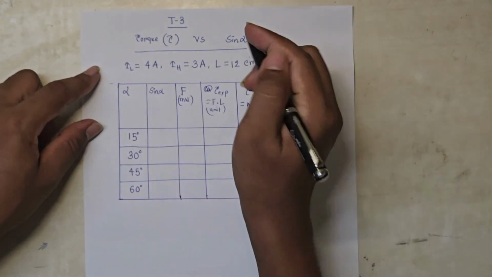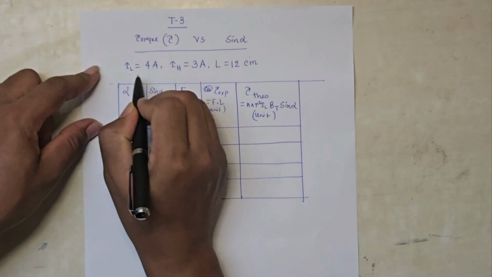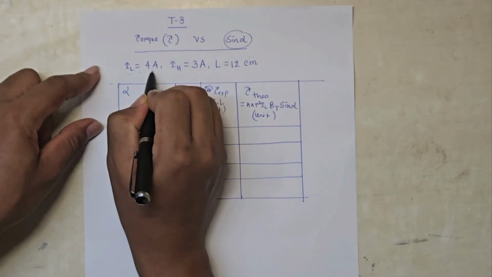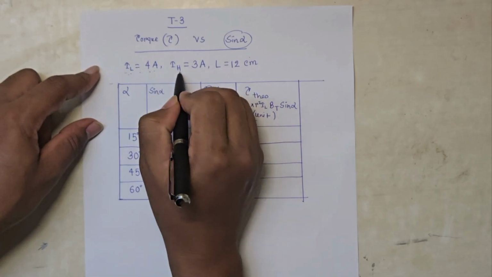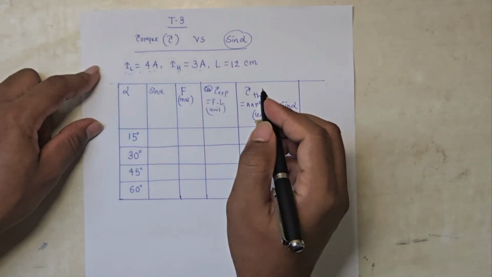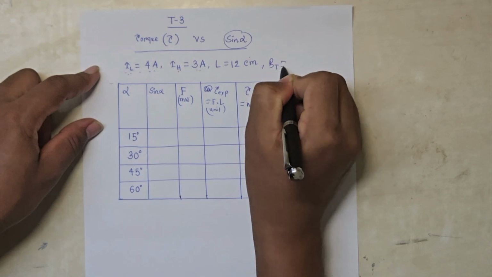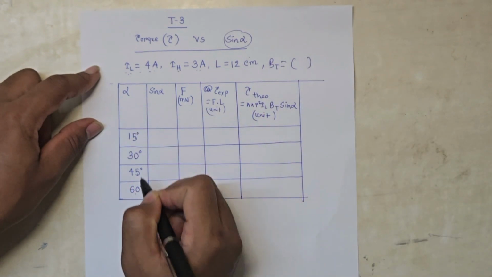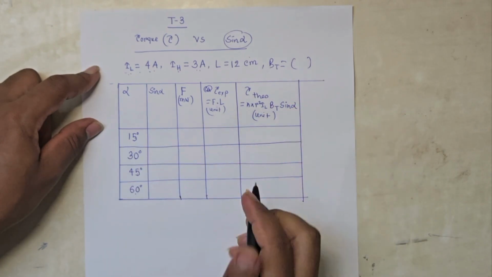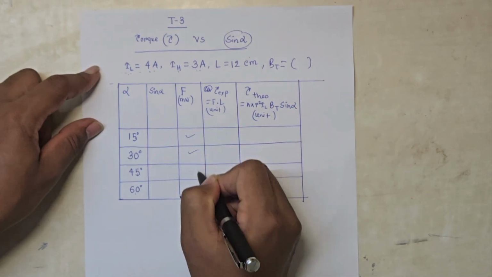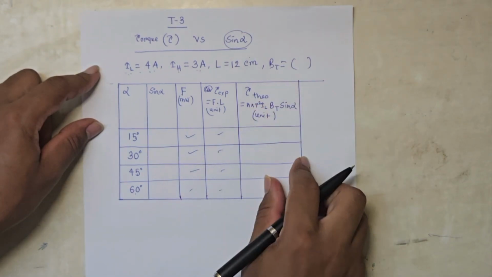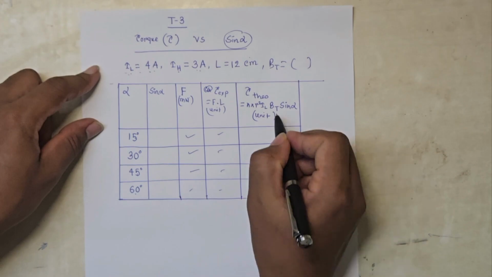This is table 2, and this is table 3. In table 3 we vary alpha, sine alpha, keeping IL, the loop current, constant at 4 ampere, with the Helmholtz current at 3 ampere and the same BT. For the 4 angles 15, 30, 45, 60, you have to measure the force value, which gives the experimental torque, and also calculate the theoretical torque using this formula.